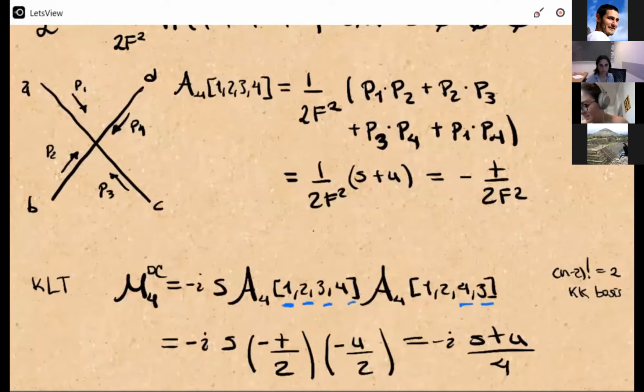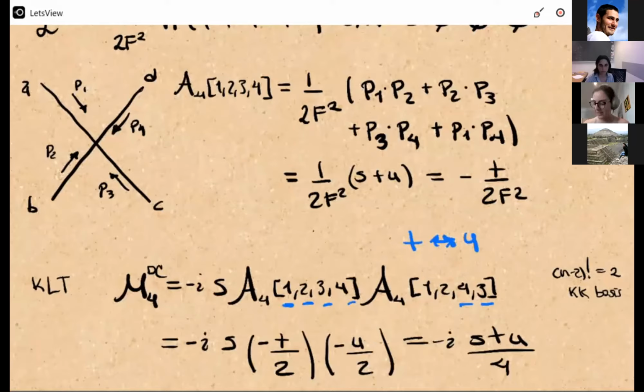So basically it's exchanging 3 and 4, so it's changing t to u channel. So basically you just change this t for a u and you obtain the other color order amplitude. Plug in here your amplitudes and voila, that's the double copy. Very simple for scalars. And of course, the question will be what that theory is.